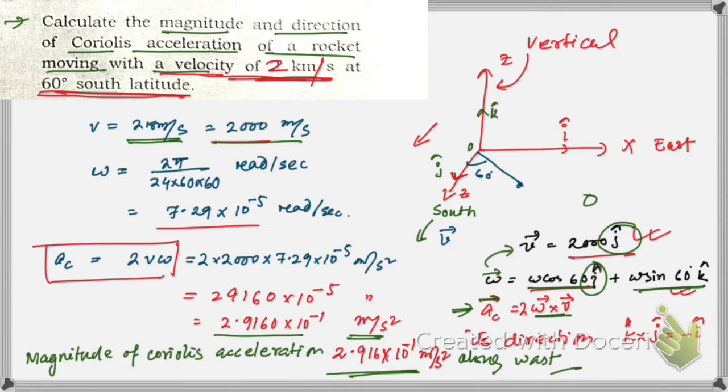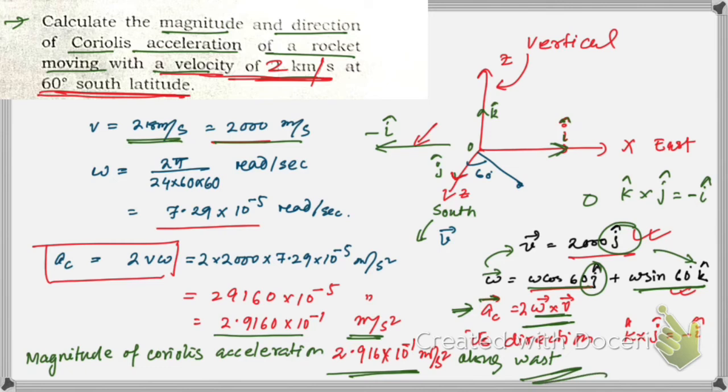And k cross j, as we are finding omega cross v, k cap cross j cap is going to give you minus i cap. So i is in this direction, east, so minus i will be towards west. So along west, that's going to be the answer.